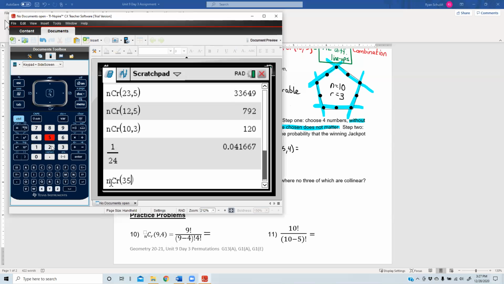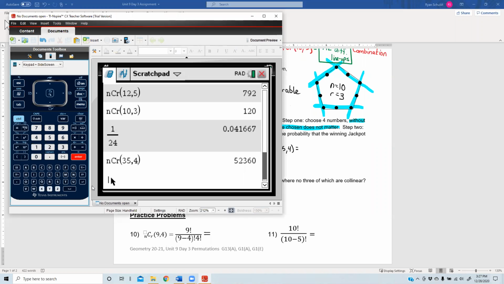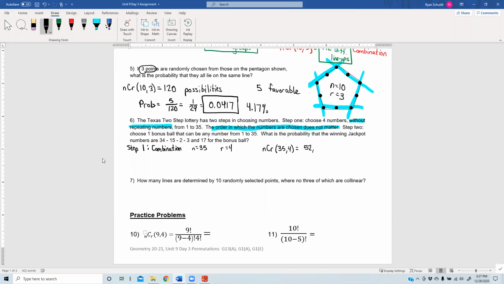We want to do 35, and we're picking 4. 52,360 ways. That's how many ways step 1 can occur.